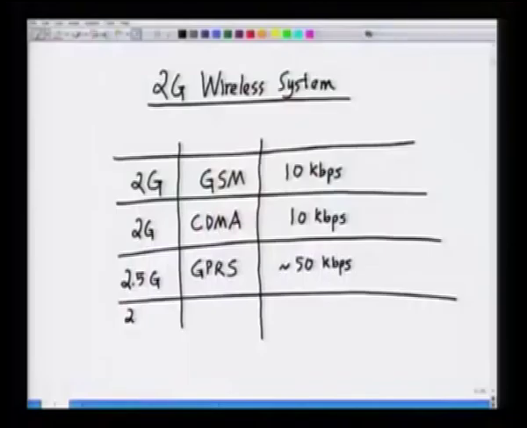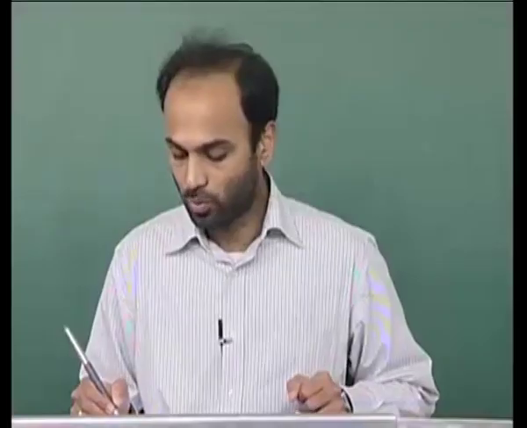Another competing 2.5G, or sometimes also known as 2.75G, standard is the EDGE standard, or Enhanced Data for GSM Evolution. I will write these acronyms out separately, to explicitly state what each of them stands for.